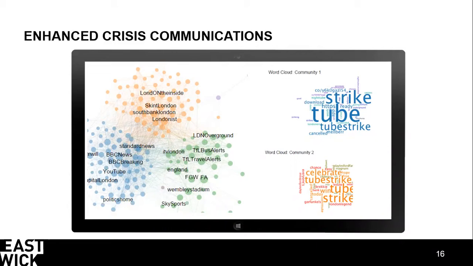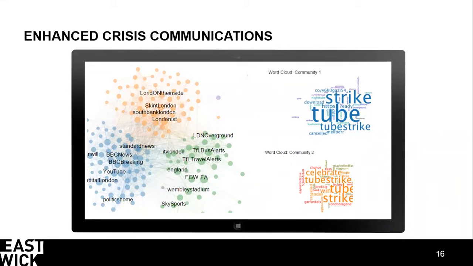The black words in there are actually Twitter handles that we've identified as catalysts of conversations, people who are influencing the influencers. So if we were Transport for London, which is the group that oversees the London Transit, basically the London Transit Authority, we could go to these people and ask them to tweet out information on our behalf.